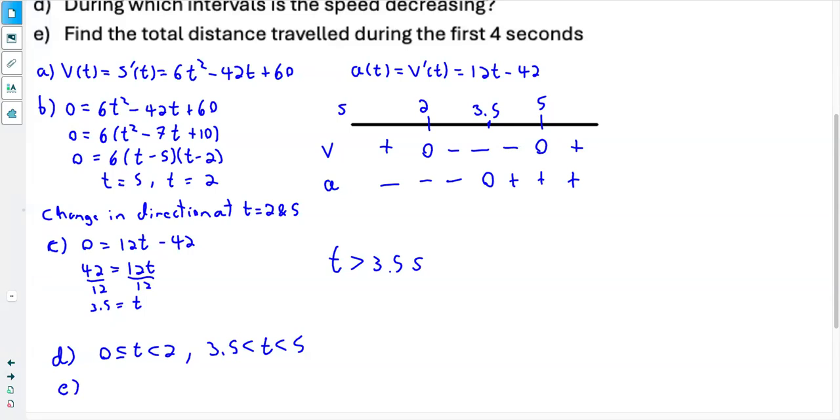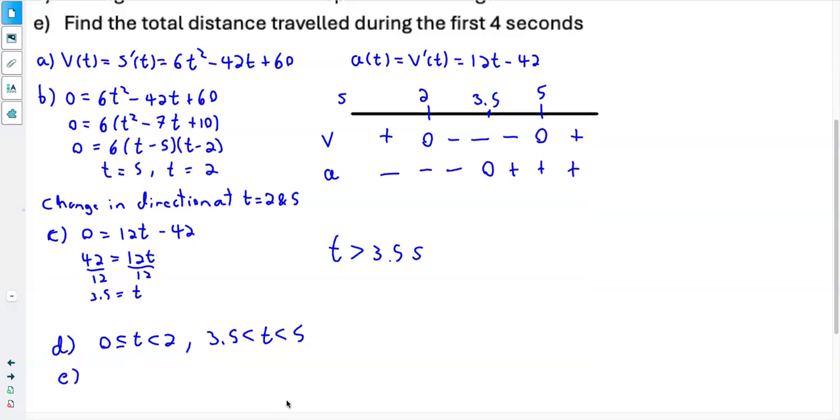So what we're going to do is look at how far we travel while we're going in one direction, and then how far we're traveling while going in another direction. So we can see that it changes direction at a time of 2 seconds.